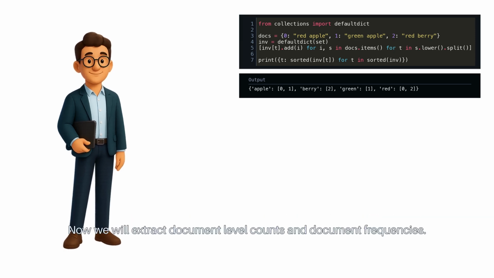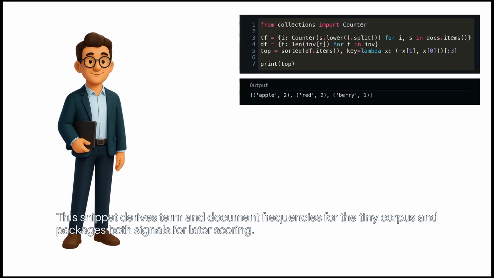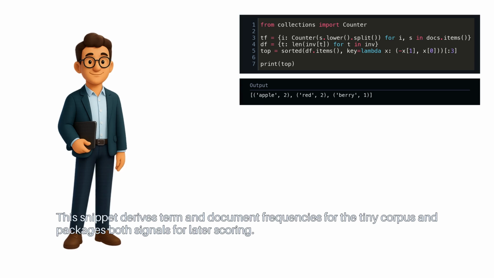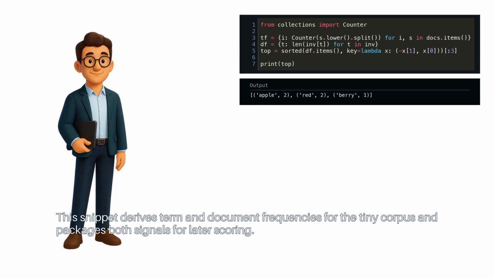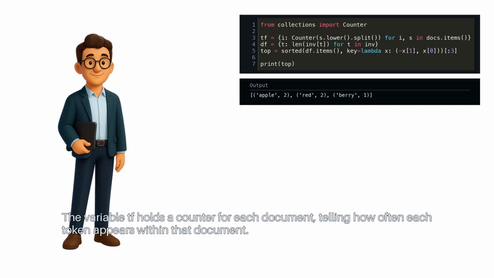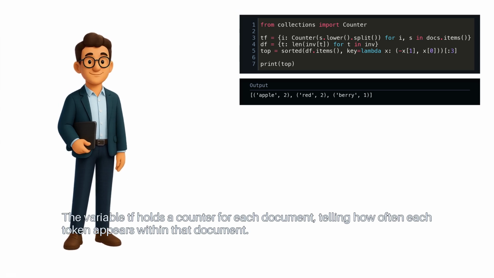Now we will extract document level counts and document frequencies. This snippet derives term and document frequencies for the tiny corpus and packages both signals for later scoring. The variable TF holds a counter for each document, telling how often each token appears within that document.